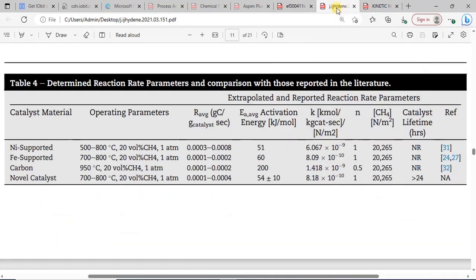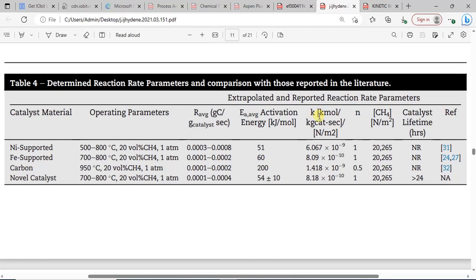So, another paper we have here. This is another paper. Now, in this case, the kinetics is based on catalyst rate, right? And how do you determine that? How do you know it's based on catalyst rate? It is still based on the rate unit. So the rate unit determines what the rate basis is.